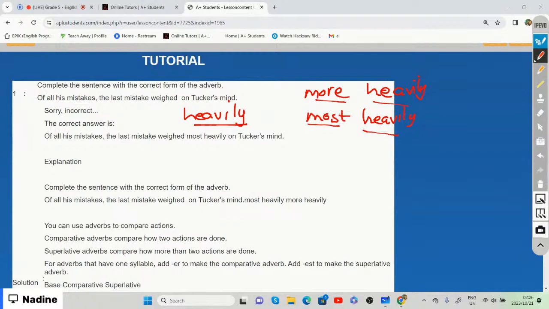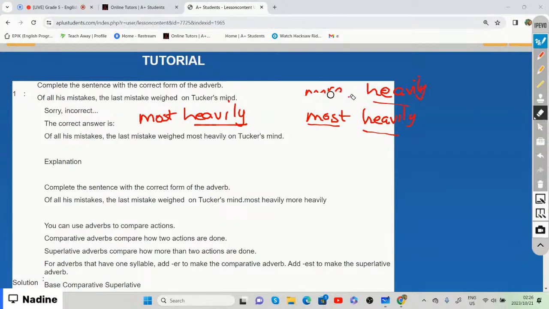So of all his mistakes, the last mistake weighed heavily on Tucker's mind. So basically, when it comes to the sentence, we are comparing more than two actions. So we can then say most heavily on his mind.